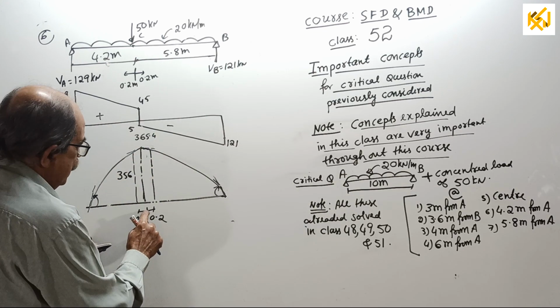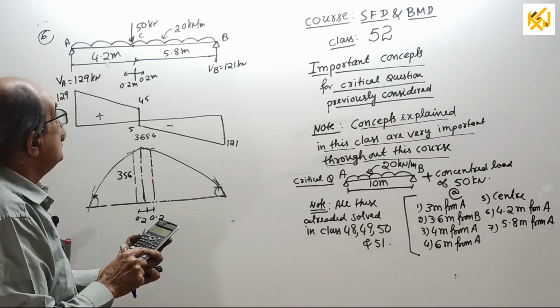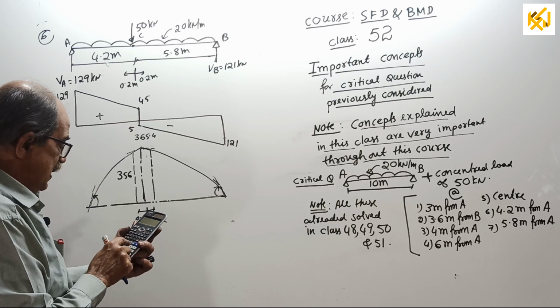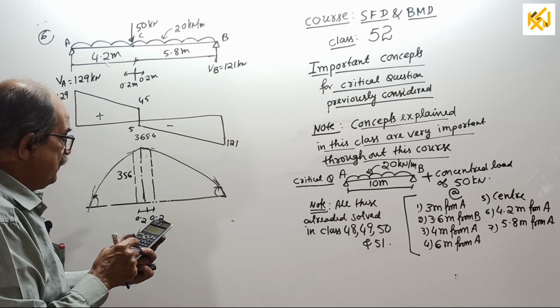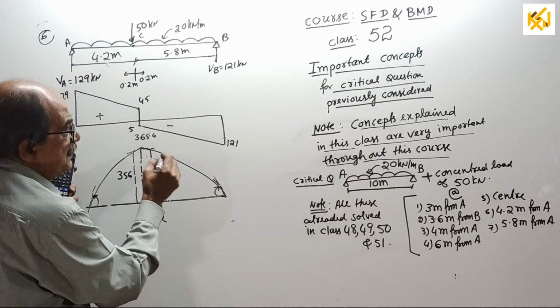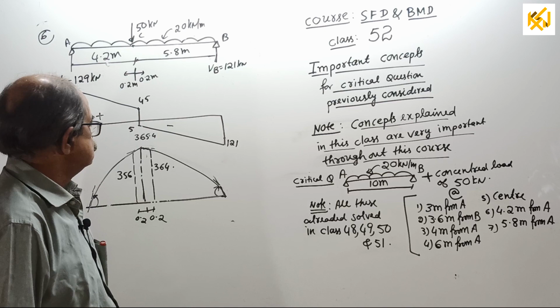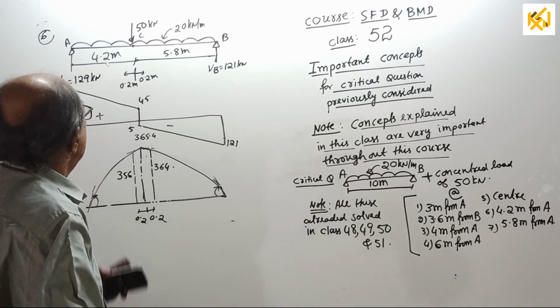Let me see. If it is 0.2, this will be 5.6 meter. That is 121 into 5.6 minus 20 into 5.6 into 5.6 by 2, which is 364. See there? 364. That is the bending moment.